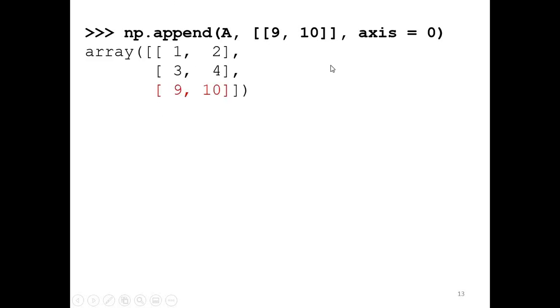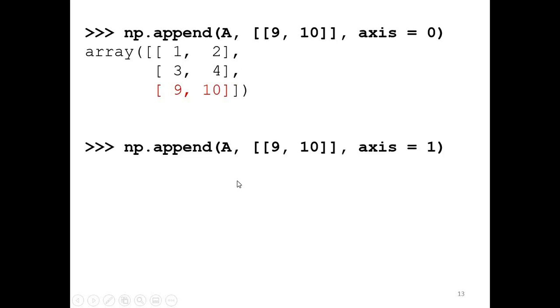Okay, so now it knows where to fit the data, where to append, because clearly this is the array A 1 2 3 4, and on axis 0, that means you come in this direction and it will clearly append this 9 10 in this form. So it will maintain the form. So now it becomes an array of 3 by 2.